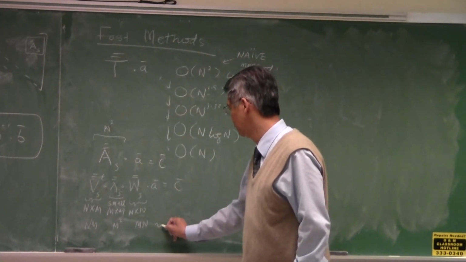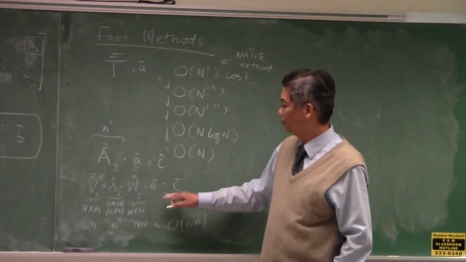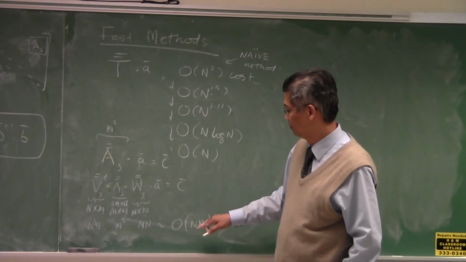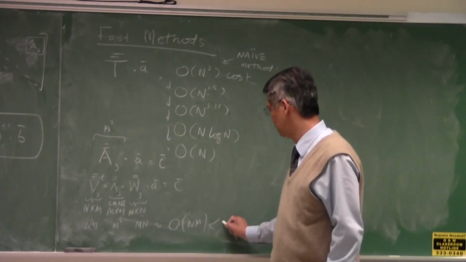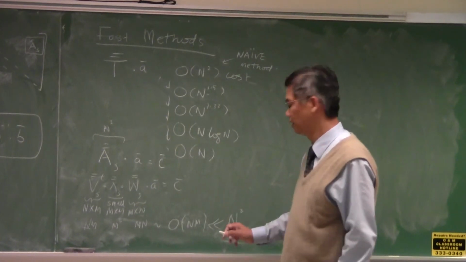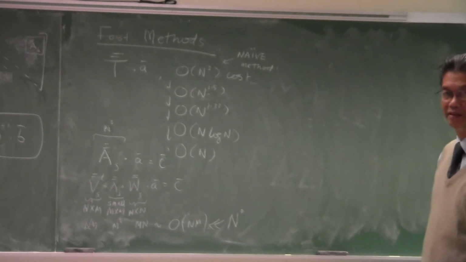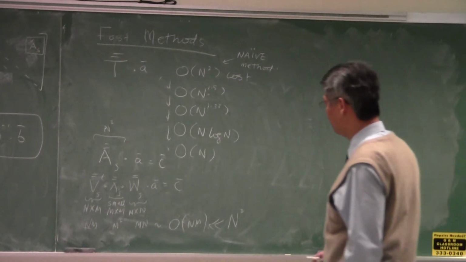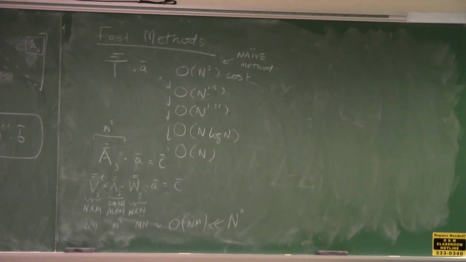So the total cost is order nm. So you can do singular value decomposition so that m is a lot less than n. This can be much, much less than n squared. This is one simple way of finding fast methods, doing low rank approximation or singular value decomposition and so on, but then there are other methods.